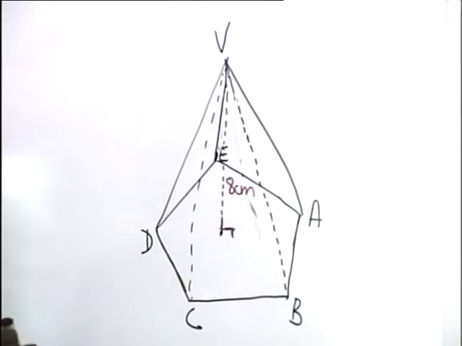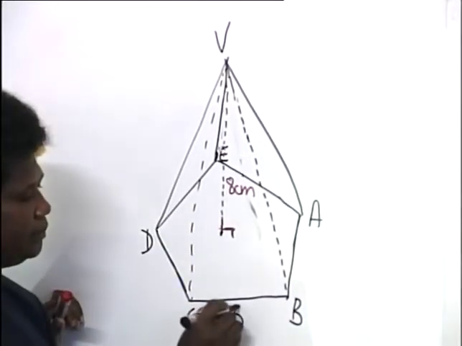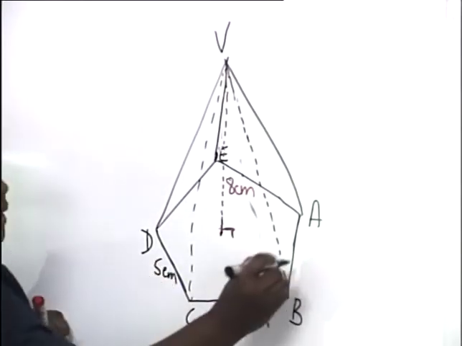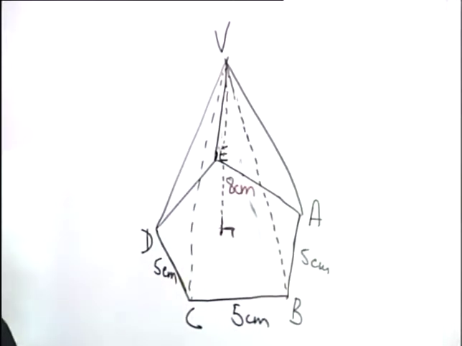All right, that's 8 centimeters. Each of the lengths of the pentagon is 5 centimeters. So that's 5, 5, 5, this is 5, and this is also 5 centimeters.